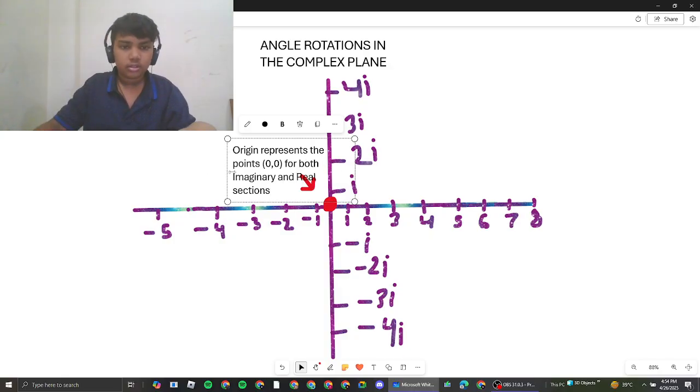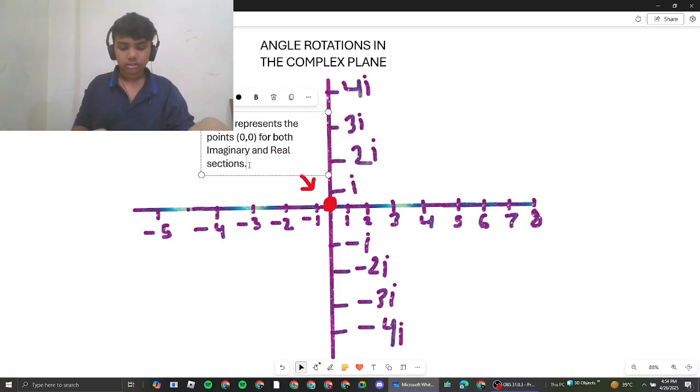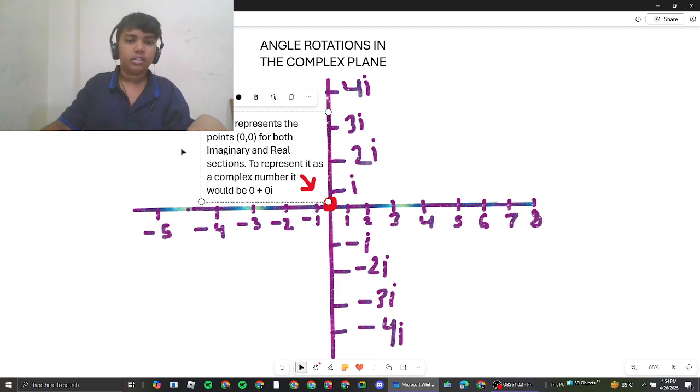To represent it as a complex number, it would be 0 plus 0i.